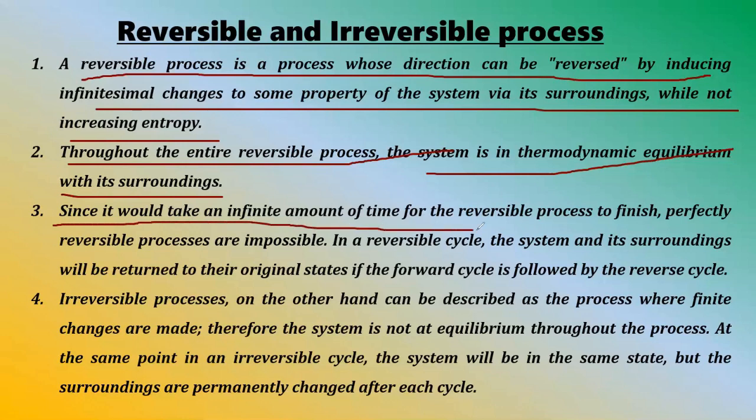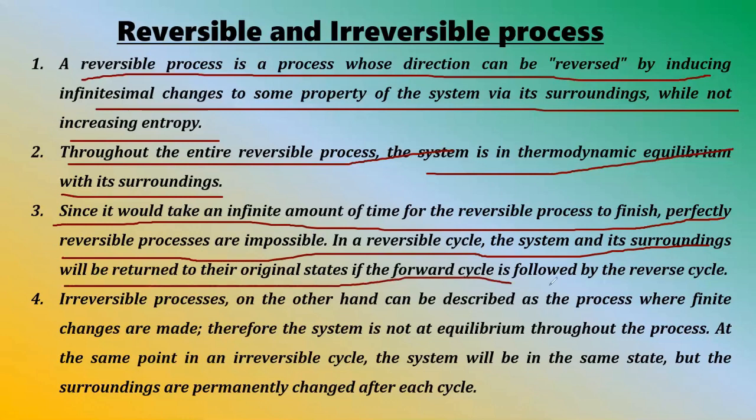Since it would take an infinite amount of time for the reversible process to finish, perfectly reversible processes are impossible. In a reversible cycle, the system and its surroundings will be returned to their original state if the forward cycle is followed by the reverse cycle. Okay, so as you know, ideal processes never happen, or they are very hard to find. In a similar manner, reversible processes will take an infinite amount of time to finish, so practically they're impossible, right?